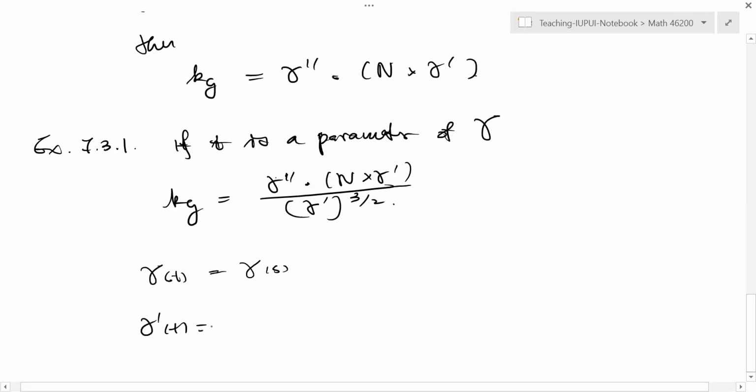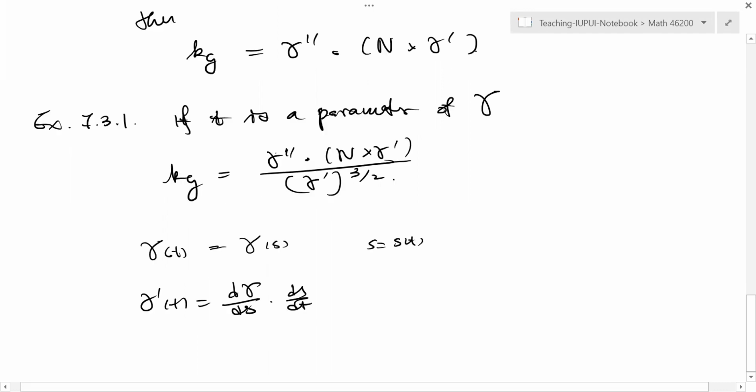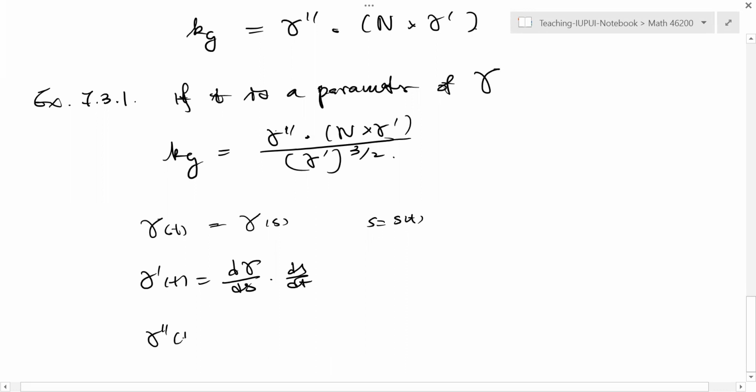So gamma prime of t is d gamma ds times ds dt, right? And the second derivative is going to be the second derivative of gamma with respect to s times ds dt squared, plus d gamma ds times d squared s dt squared. So that is the formula.